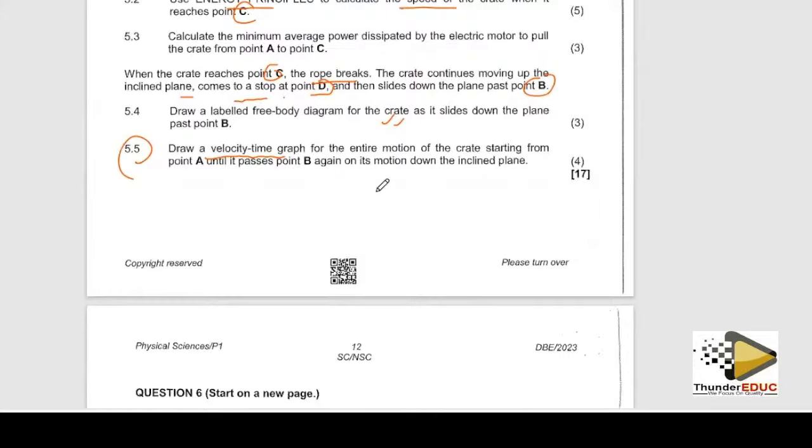So what I can see is that the initial velocity of the crate was before it started being pulled. Then it reached a maximum of, we said, 5.96.